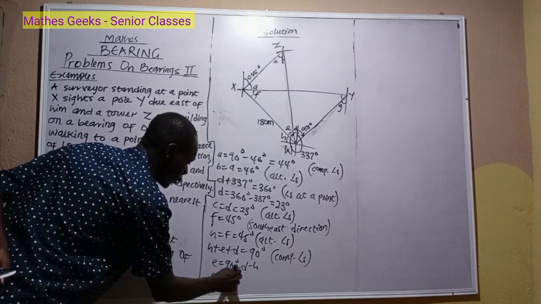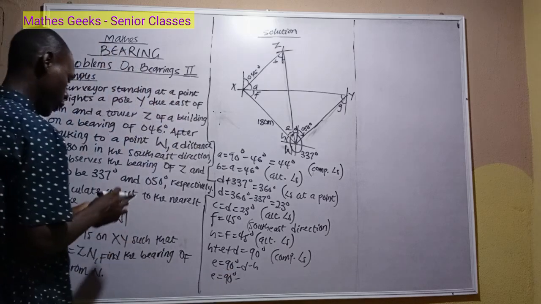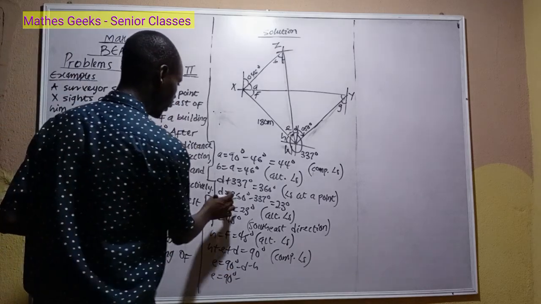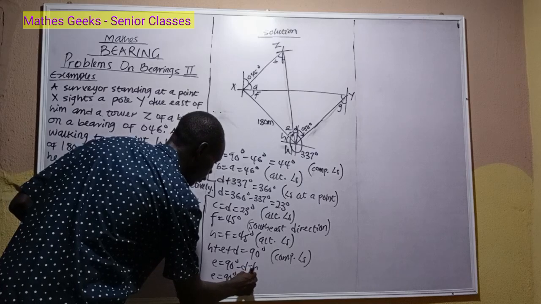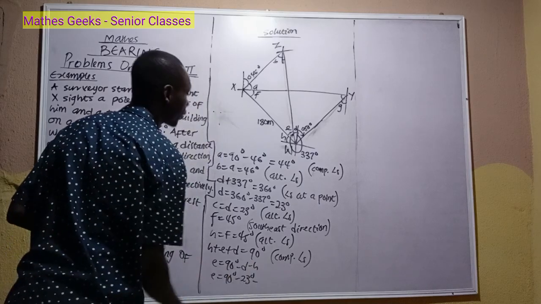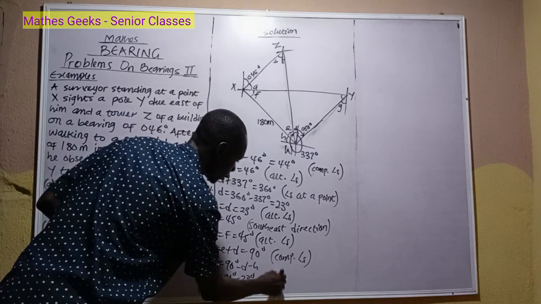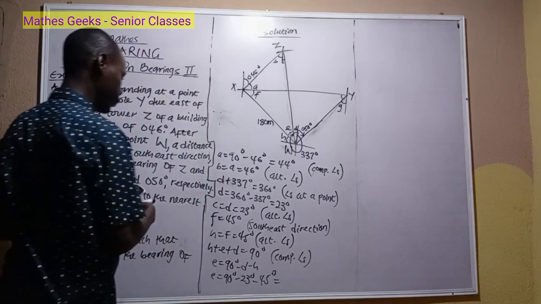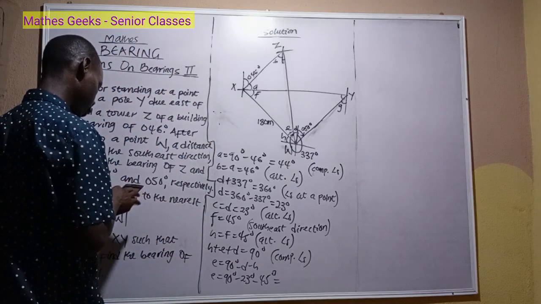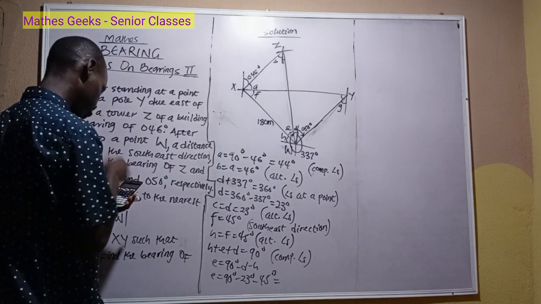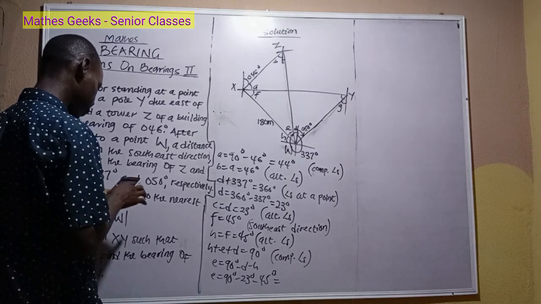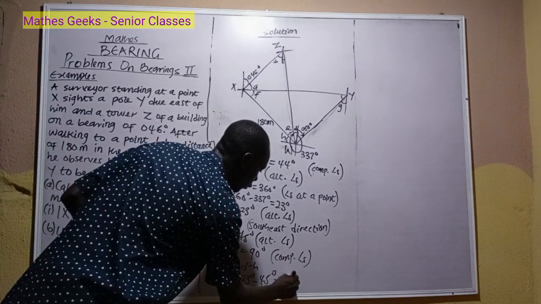E is equal to 90 degrees minus D. What is D? D is 23 degrees. And what is H? H is 45 degrees. So that's equal to what? 90 minus 23 minus 45, 22 degrees.